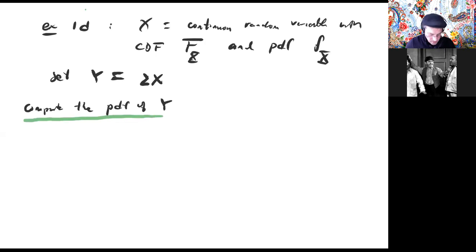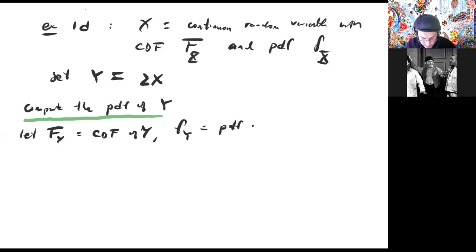Okay, so this is not hard. It's just a rephrasing of a lot of definitions. So what is the PDF of y? Well, let capital F sub y equal the cumulative distribution function of y, and let lowercase f sub y equal the PDF of y, the probability density function of the random variable y.